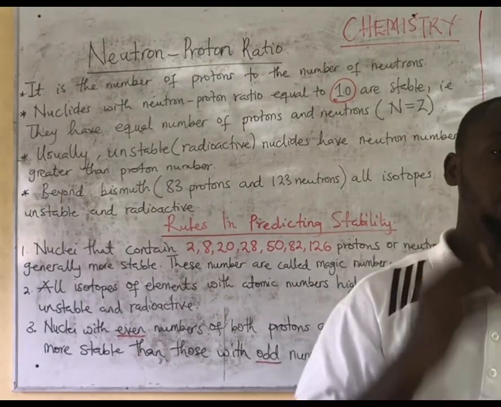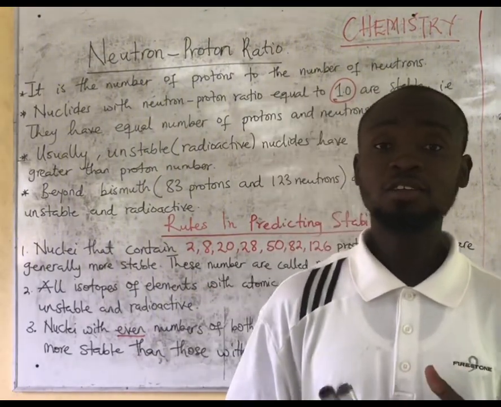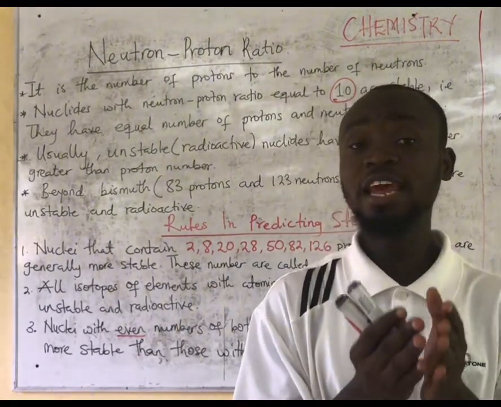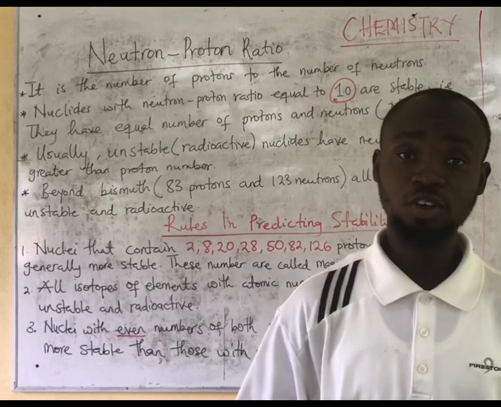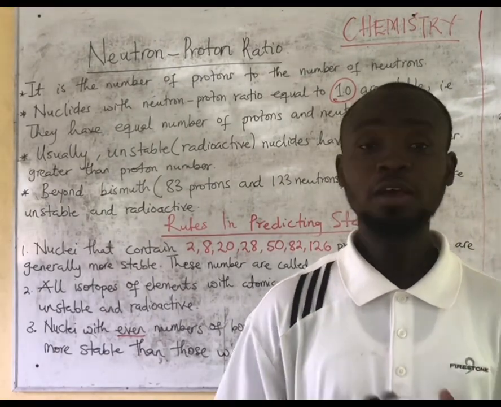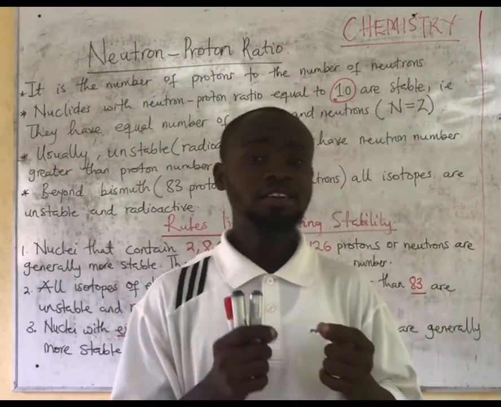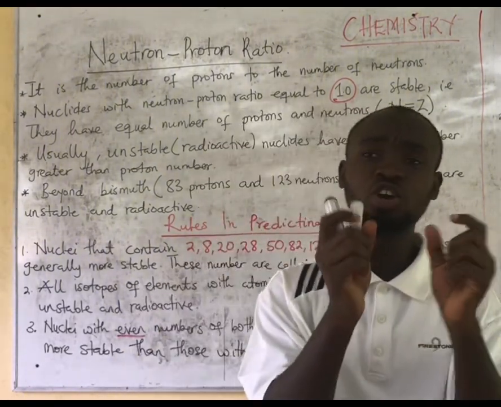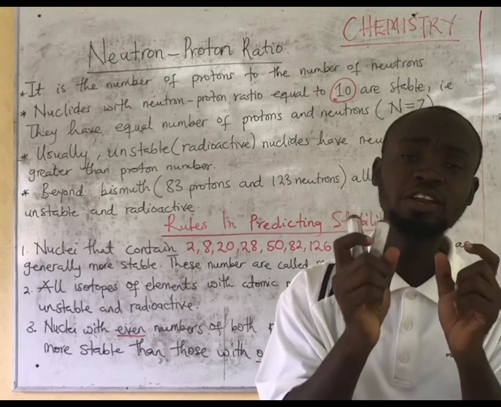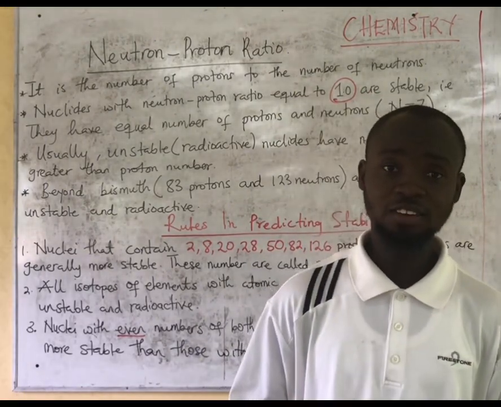Those with an even number of protons and neutrons tend to pair up in energy levels within the nucleus, which brings about stability. But those with odd numbers of protons and neutrons have unpaired nucleons, which indicates instability of that nucleus.